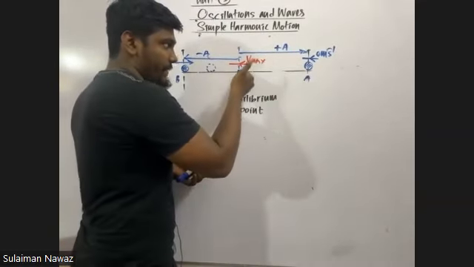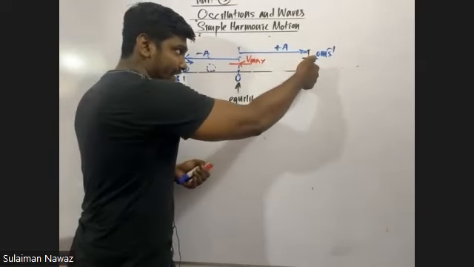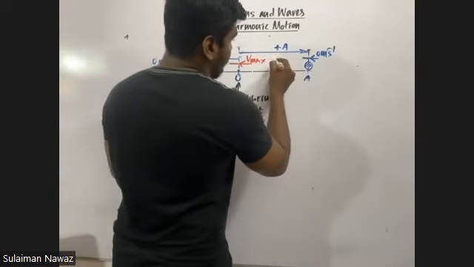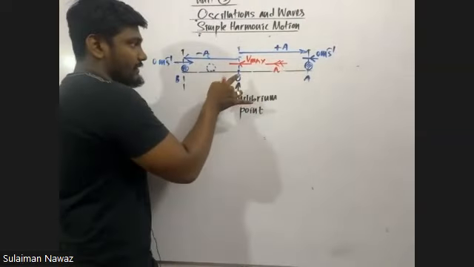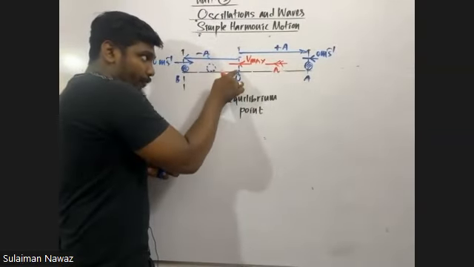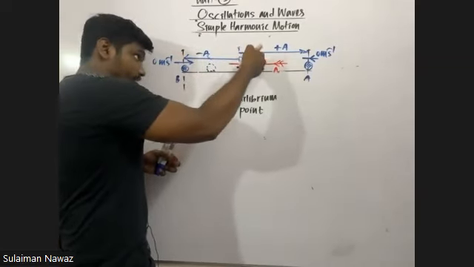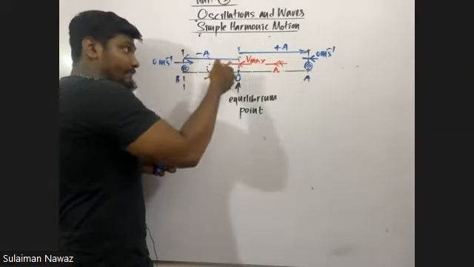From capital A to capital O, what is the direction of acceleration? Velocity is increasing in this direction, so the direction of acceleration is in that direction. Then from point capital O to capital B, when this object is moving to the left, velocity is decreasing.